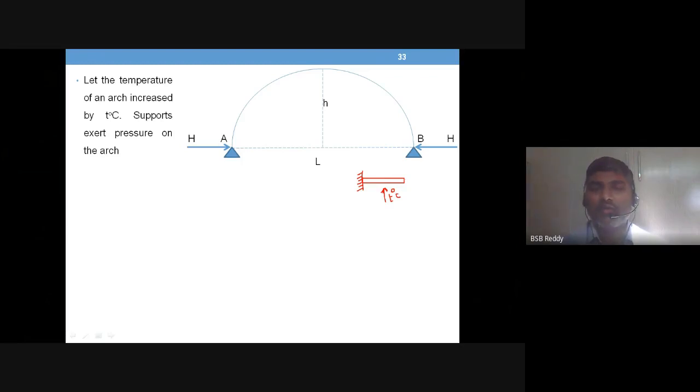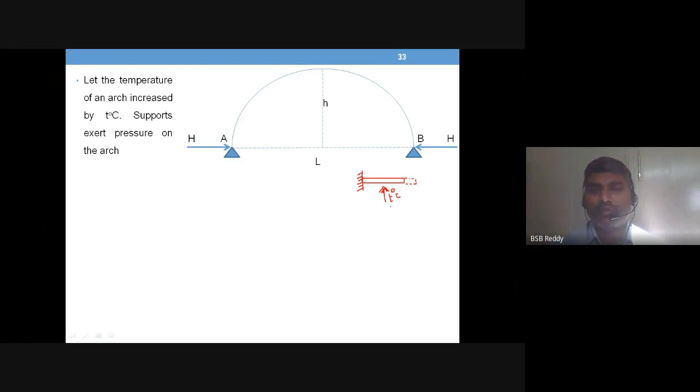Reason: the bar is free to expand due to temperature. The length of the bar, you set it free for elongation. Hence there is no resistance offered by the support for or against the change of the dimension. Hence it is free to expand.